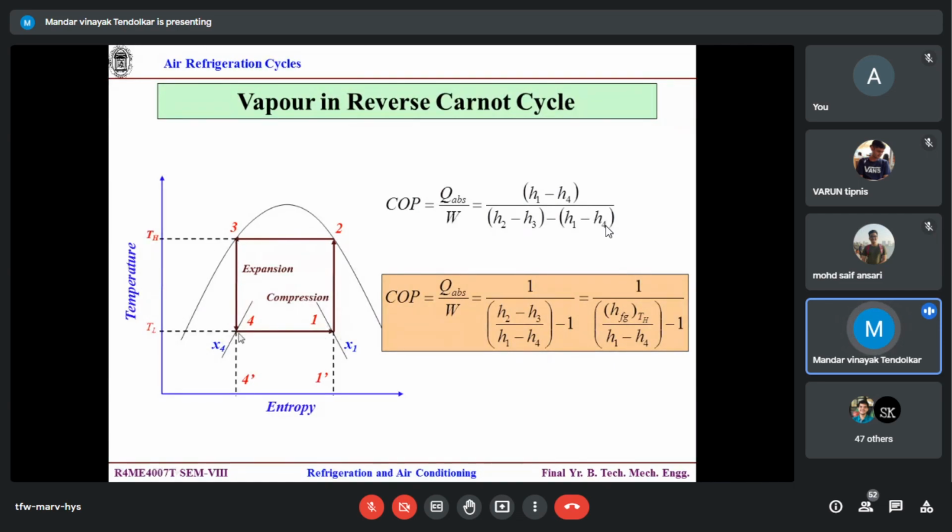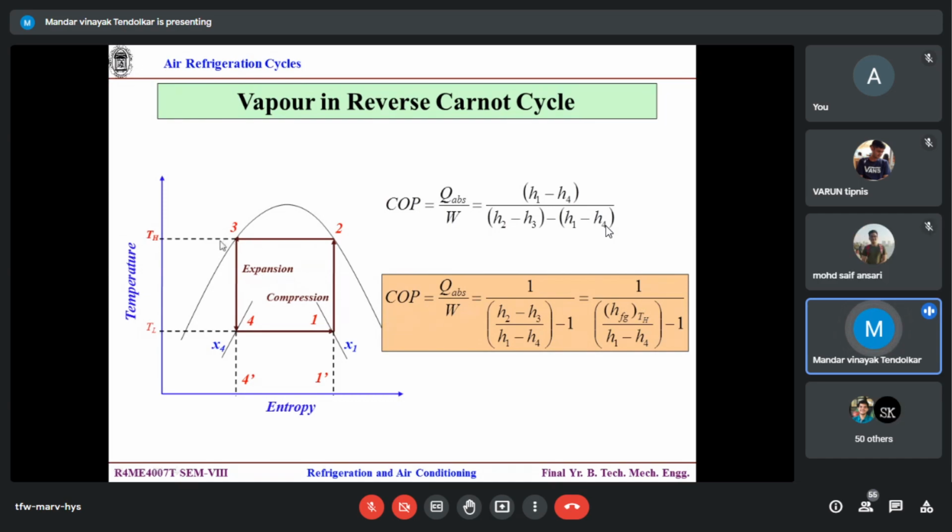Wherever this point 3 is, there would be a corresponding point 4. Wherever this point 2 is, there would be a corresponding point 1. So I would say that H1 and H4 are not independent. They are dependent on this HFG. So one can say that COP is a very strong function of HFG.